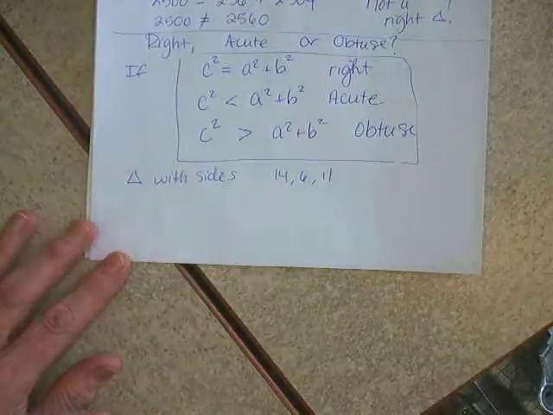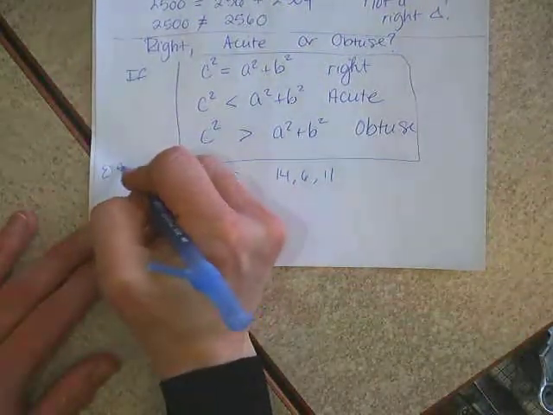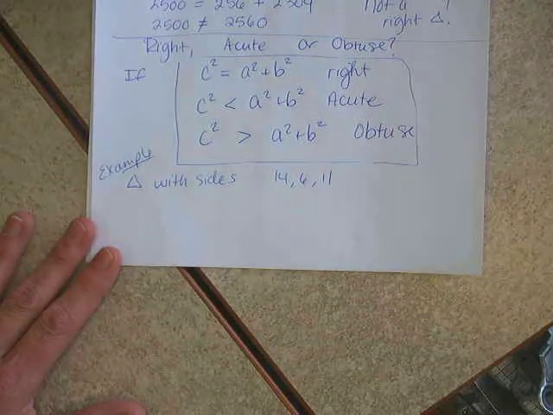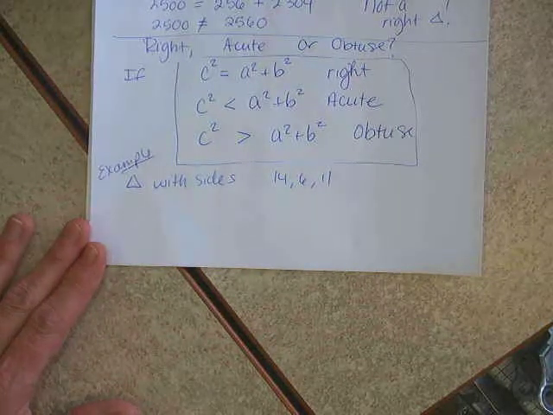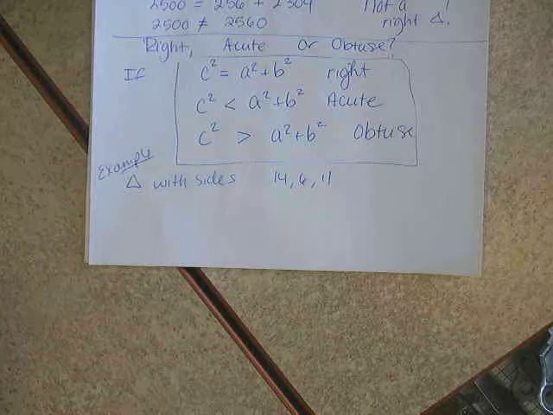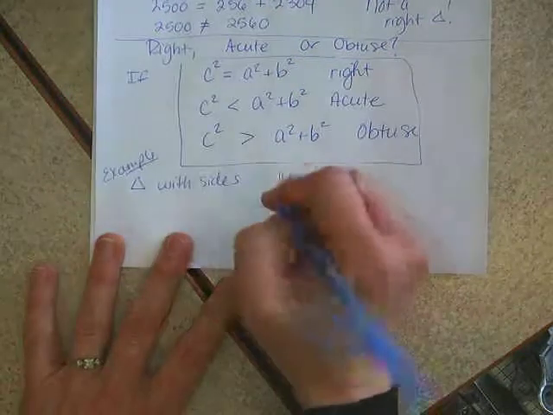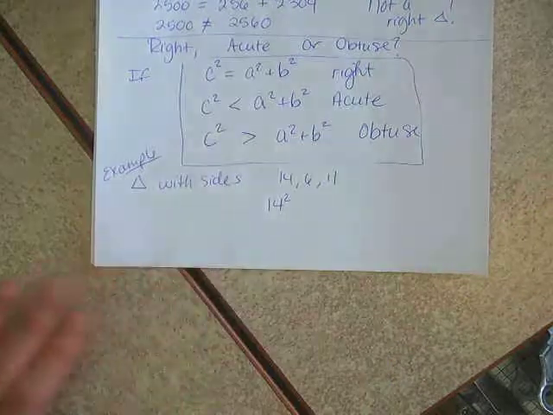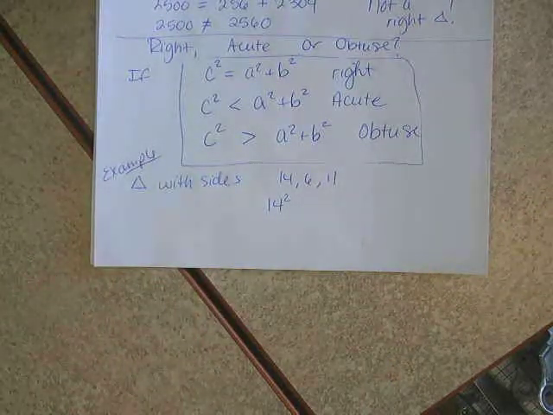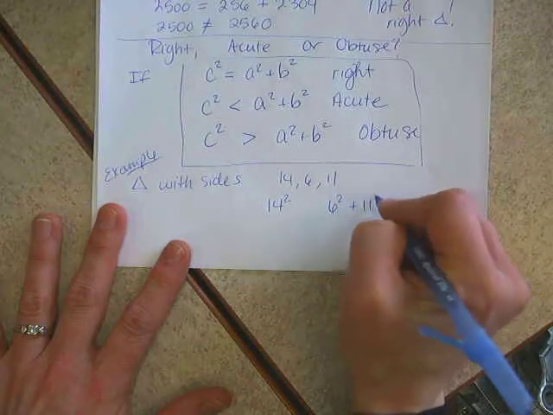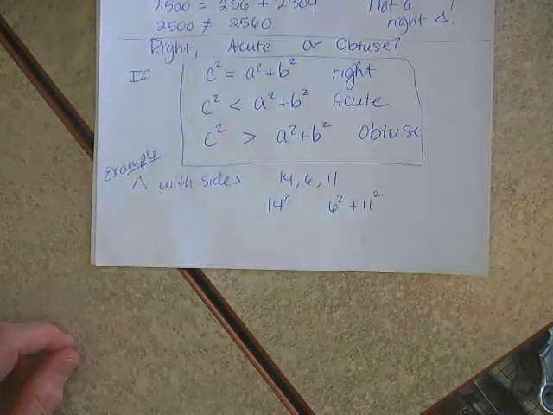So if we take a triangle with sides 14, 16, and 11, and we want to determine what type of triangle that is, what would your C have to be? 14. So 14 squared, don't put your sign in though if you're just checking.